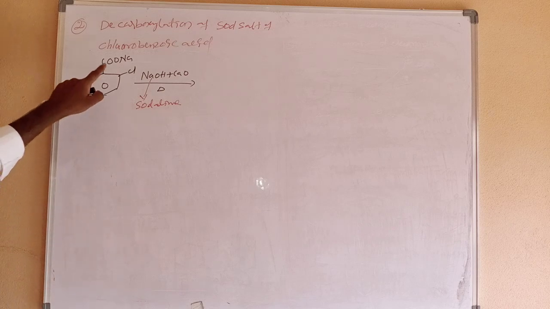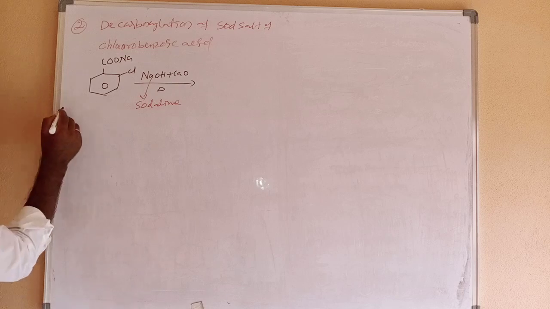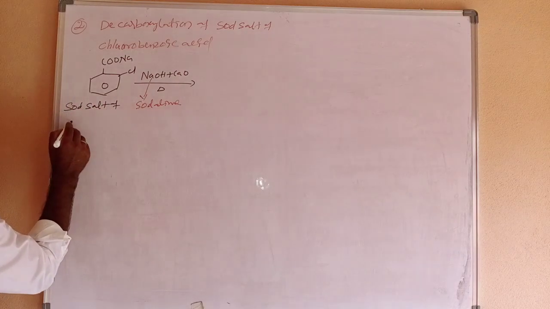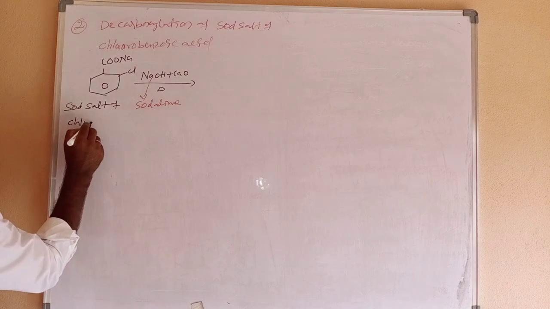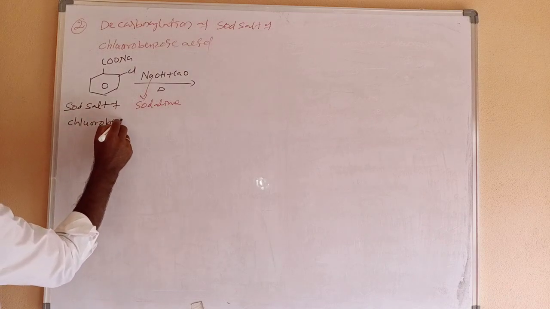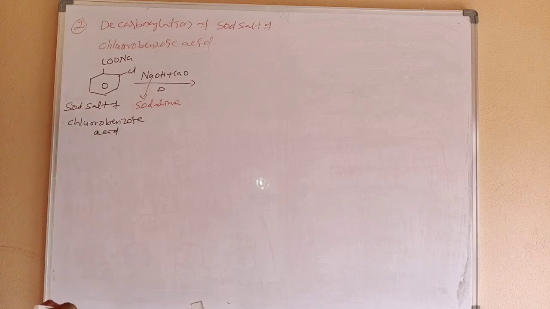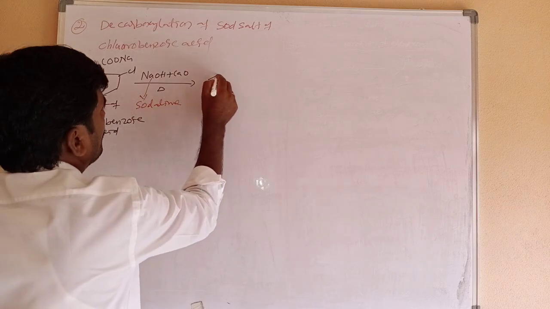When the sodium salt of chlorobenzoic acid is heated with soda lime, it forms chlorobenzene.